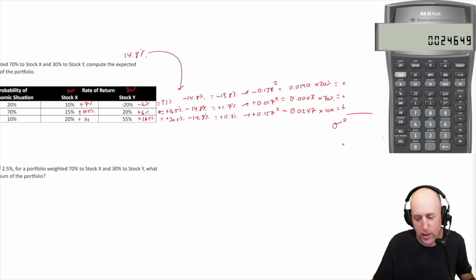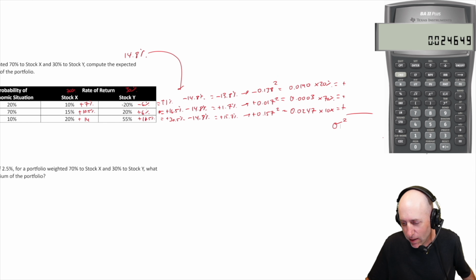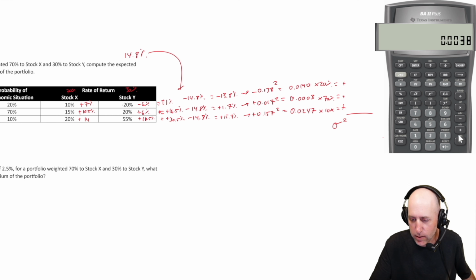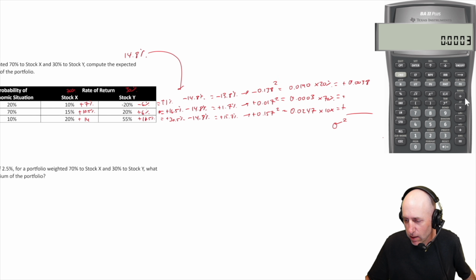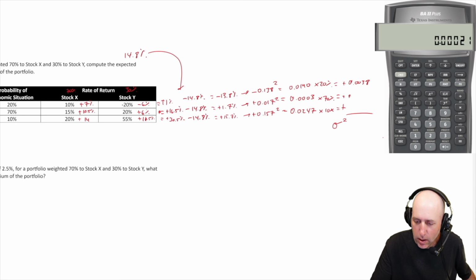Okay, let's do it. And again, we're going to get very small numbers here, but that's what we're after. 0.019 times 0.2 is 0.0038. 0.0003 times 0.7 is 0.0002.